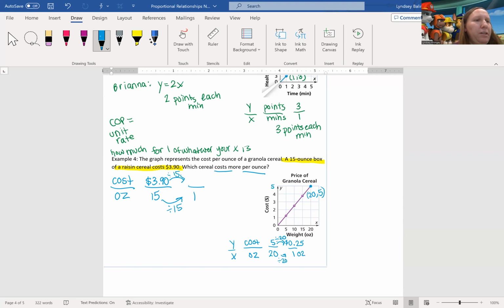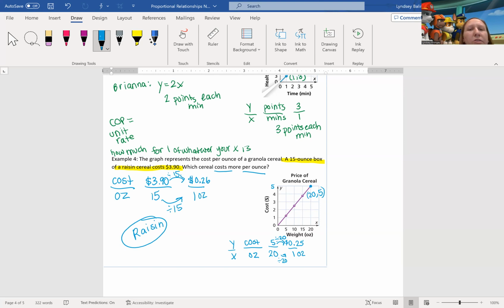I'm using my calculator. And we get 0.26. So this raisin cereal is 26 cents per ounce. So comparing 26 cents an ounce and 25 cents an ounce, the raisin cereal is going to be more expensive than that granola cereal.